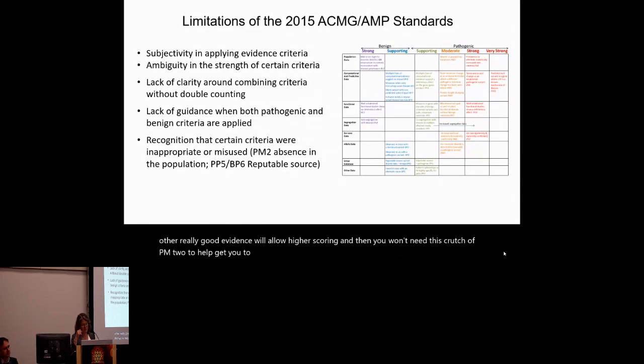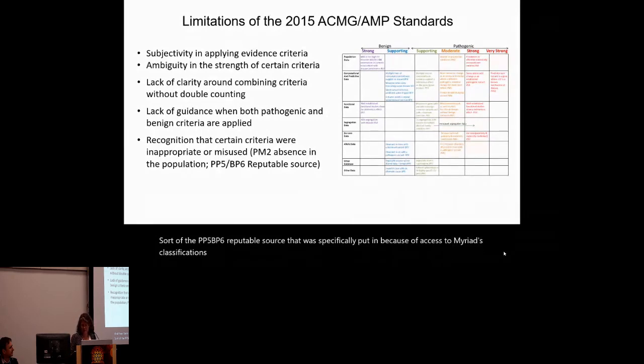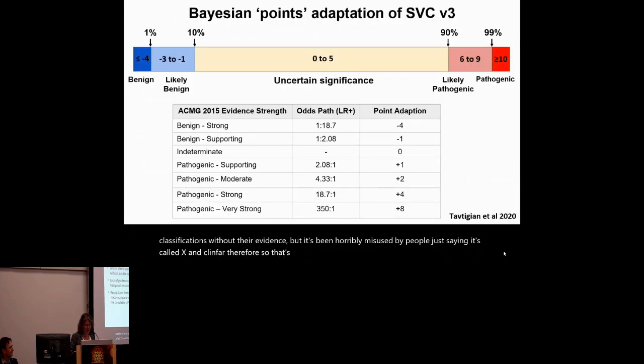And then there was the PP5, BP6 reputable source criterion that was specifically put in because of access to Myriad's classifications without their evidence, but it's been horribly misused by people just saying, it's called X in ClinVar, therefore, so that's going away.